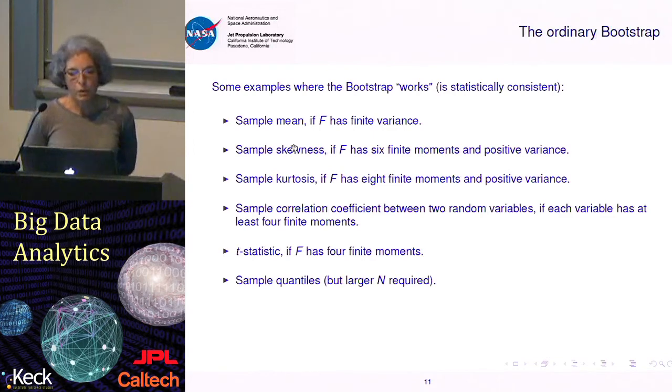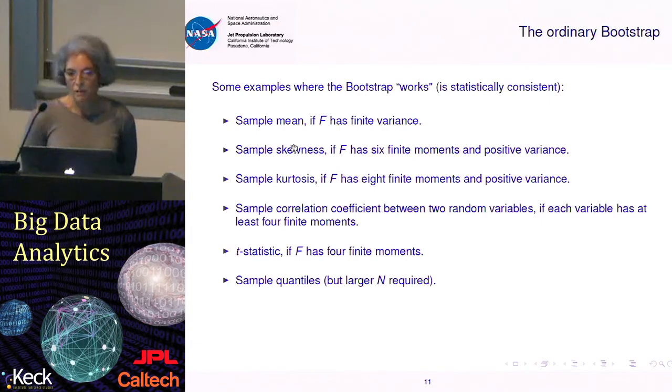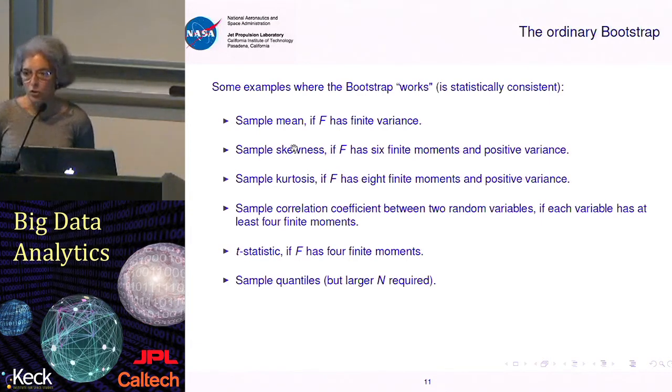Now, we may want to do this for things like sample skewness and kurtosis or the sample correlation coefficient. Without knowing what F is, how we would ever know that it has 4 or 6 or 8 finite moments and a positive variance, I'm not sure.